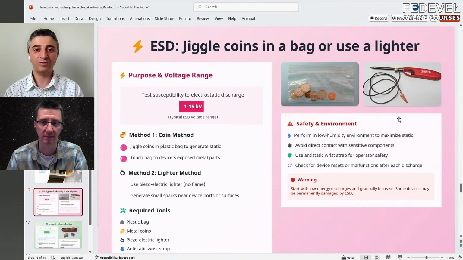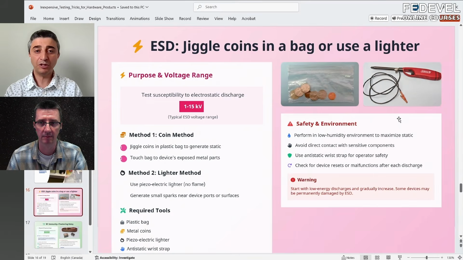So there is one where you just travel through the air and then you get the discharge through the air to your component. And like you mentioned, the goal is not to pinpoint everything on your board, otherwise it will be dead, but only the points where the user might have access. If it's a charging port of your design, or a button that a user might press, this is the area where you want to focus.